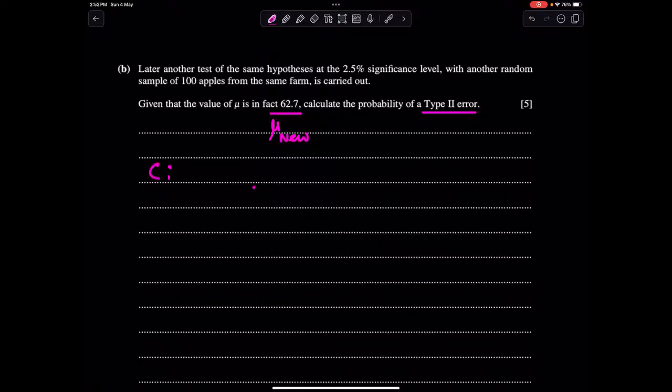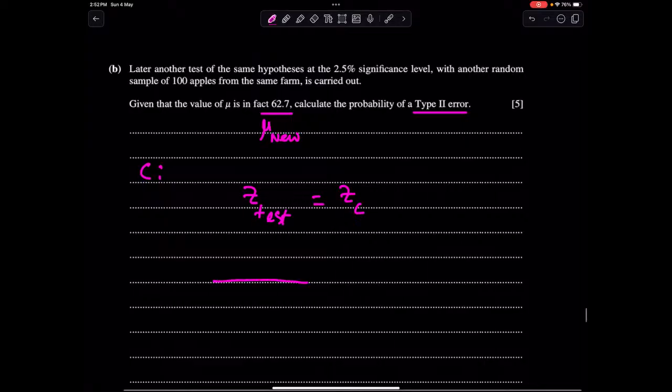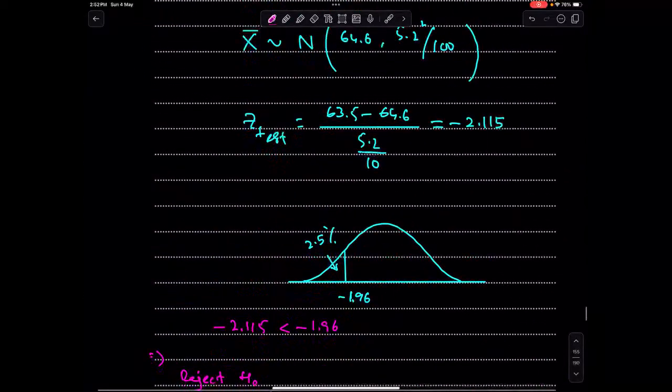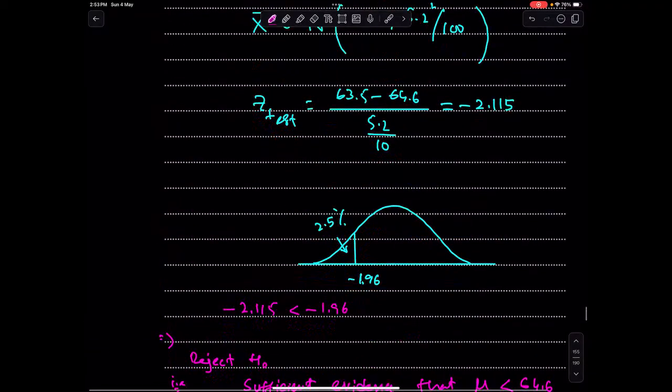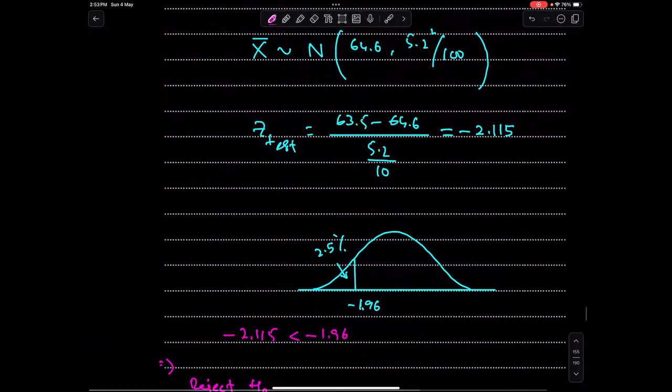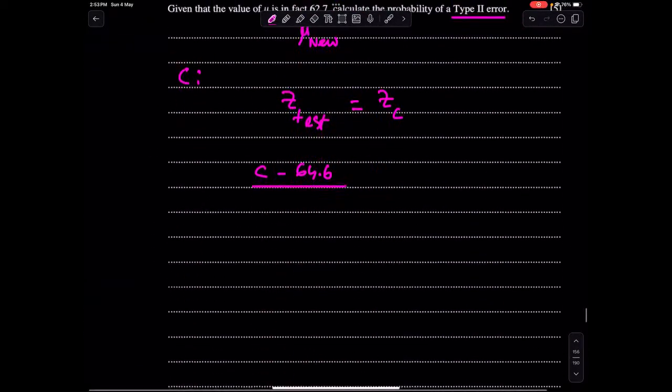We need C. And for that, we need to use this formula, Z test, Z critical. So C minus mu naught. Remember, we write mu naught here. And mu naught was 64.6. And the other thing is variance is 5.2 over 10, under root.